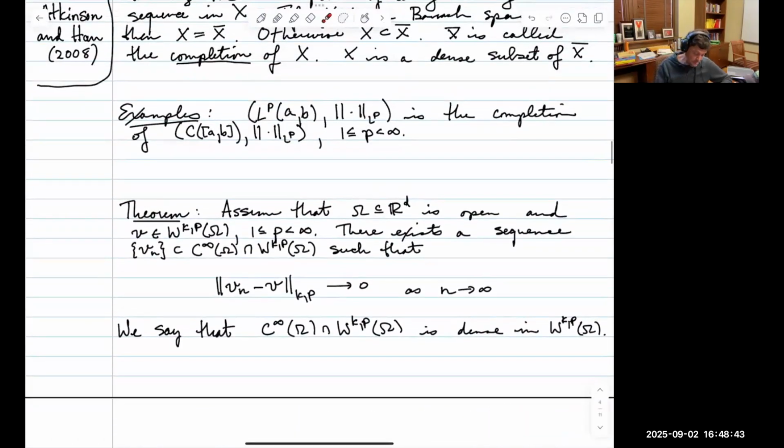Actually, I have to put a question mark on that one. I need to check that. I think maybe this is correct, that it's not true for infinity, but I'll have to think about that.